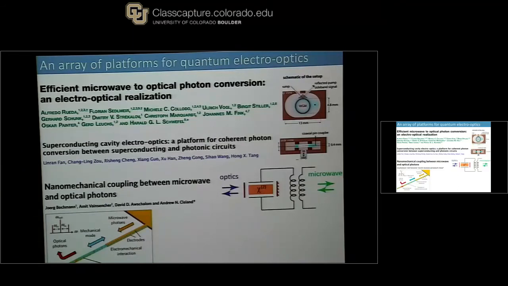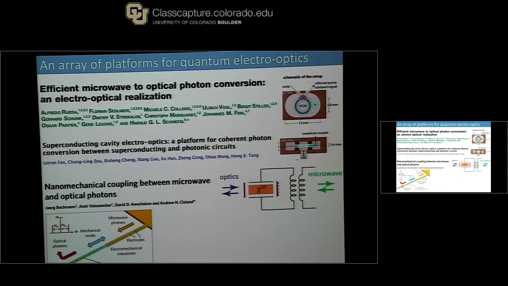Okay. And so this is just a sampling of other things that people are trying to use to basically make an electro-optic device that would be compatible with superconducting circuits and the transduction of quantum information. There are attempts to make bulk lithium niobate type systems into an efficient modulator.